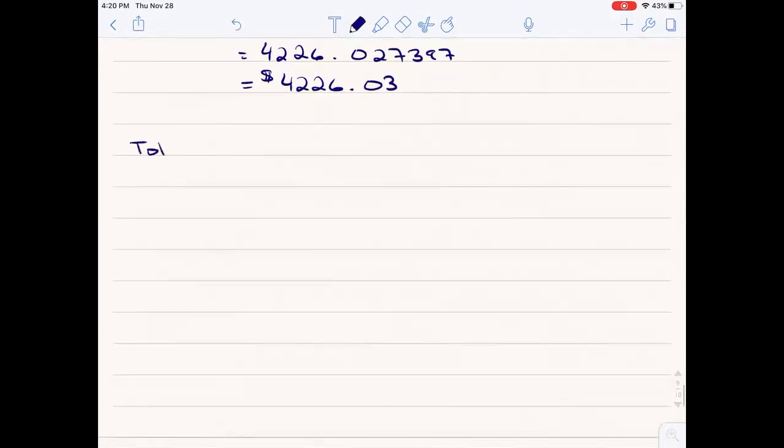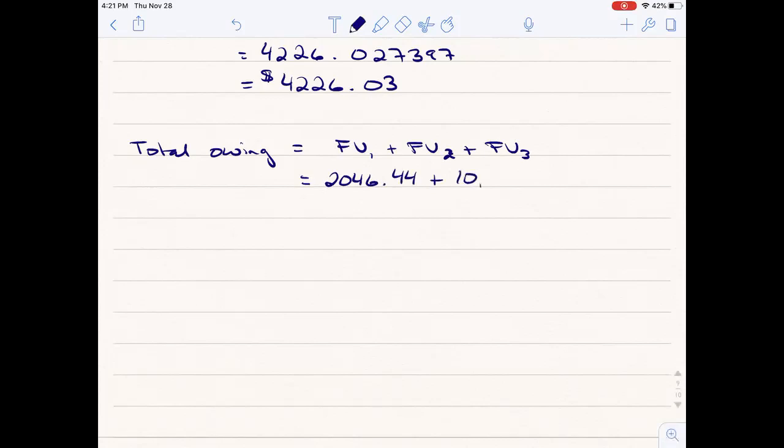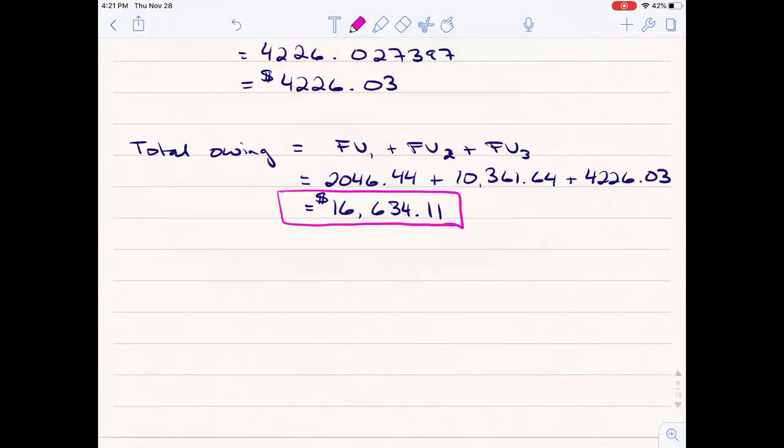So the total owing is future value 1 plus future value 2 plus future value 3, which is 2,046.44 plus 10,361.64 plus 4,226.03, which means our total owing, I'm going to cheat here, 16,634.11, and that's in money. And that's your answer.